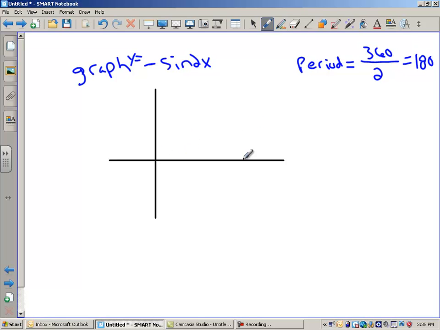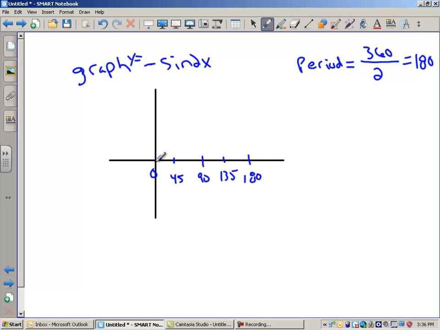So now we're going to affect what we put on the x-axis. I'm going to start at 0, and I'm going to end at 180. I'm still going to mark off halfway 90, halfway 45, and halfway 135. Those are my critical points.